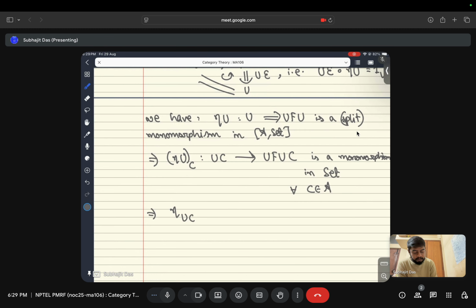So eta U at C is just eta at UC. So eta at UC is a monomorphism in set.